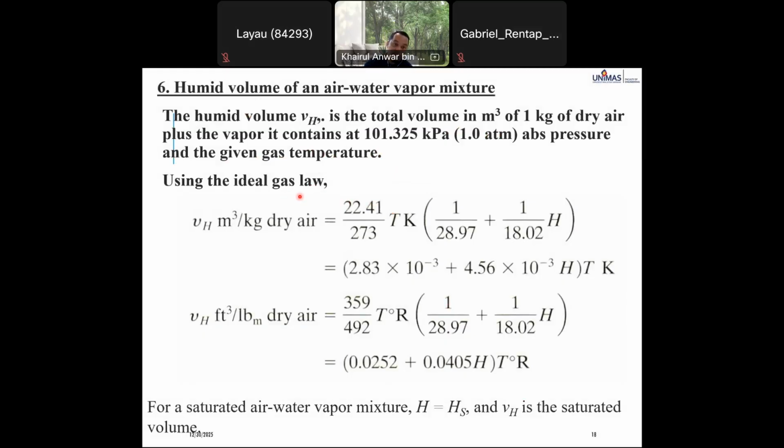So VH is the volume, meter cube per kg dry air. This is for SI unit. This one is for the English unit. For a saturated air water vapor mixture, H is equal to HS, and VH is the saturated volume.